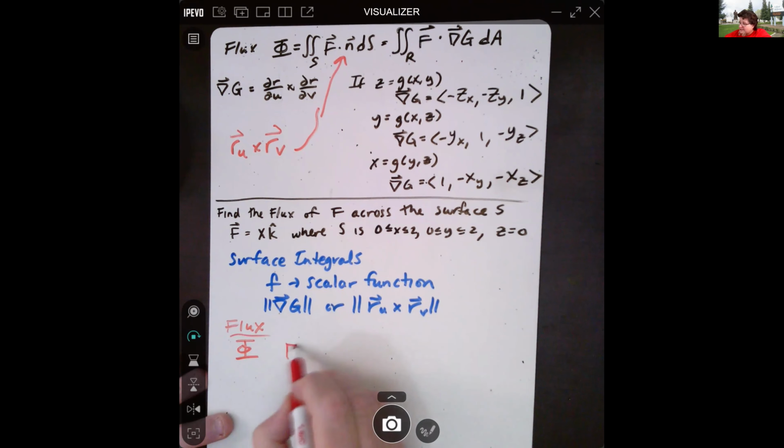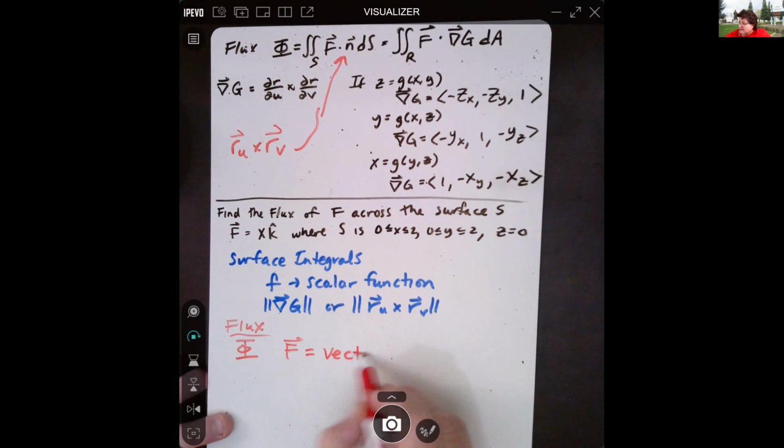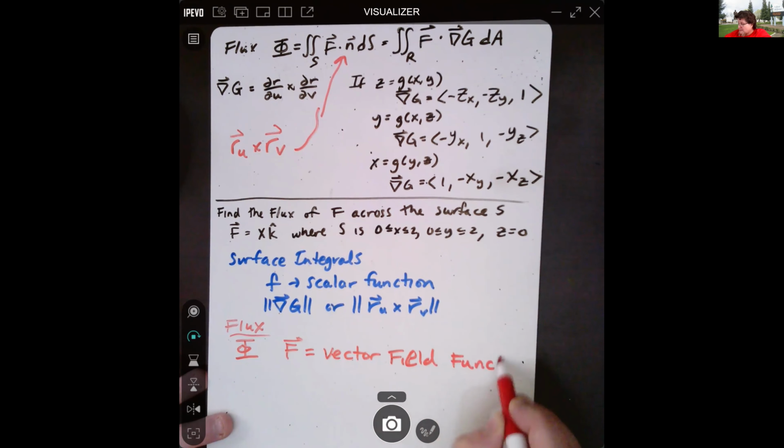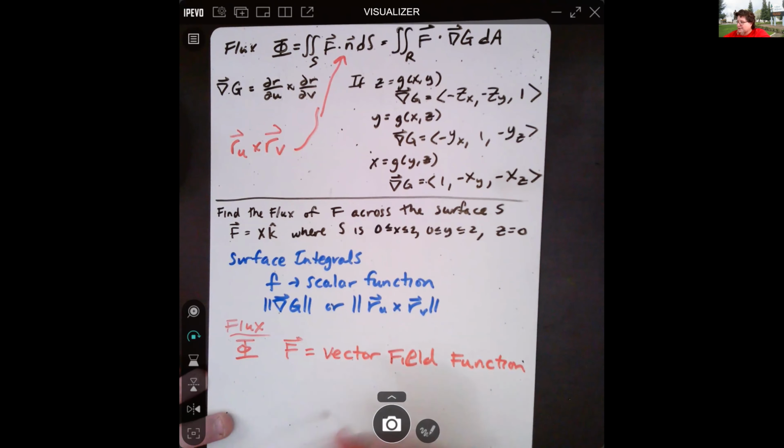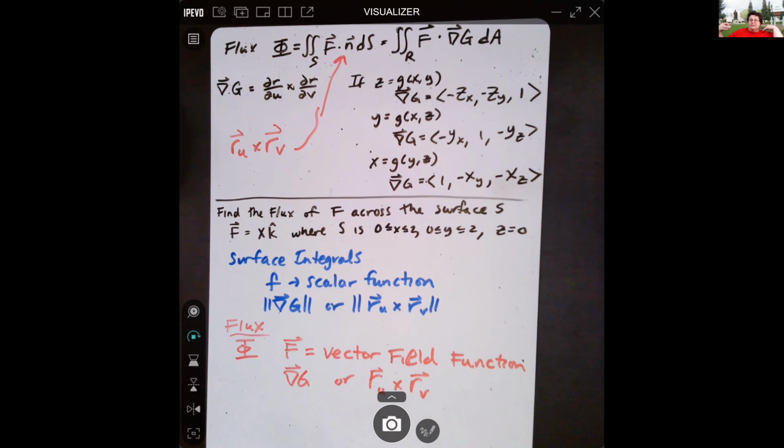Here, F is a vector field, and we're not doing the norm of G, we're just doing the regular gradient of G, or the regular RU cross RV. So they're similar, which you can use to memorize the structure easier as long as you can separate the difference. Flux is for vector fields; for surface integrals you're just finding the value over the surface.